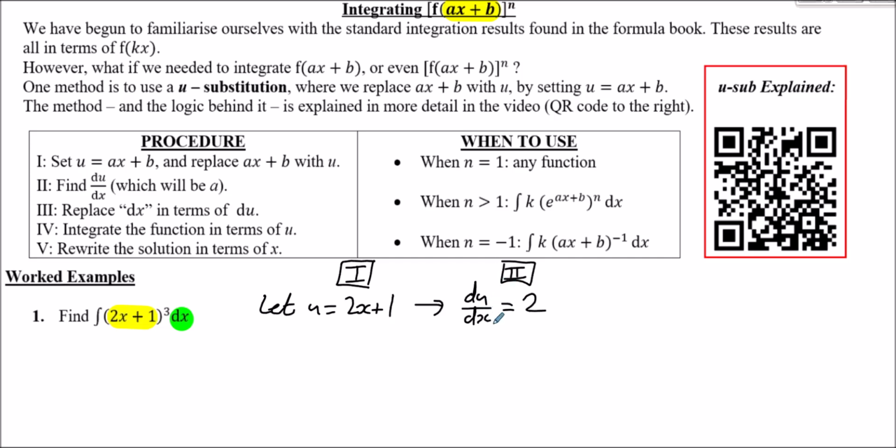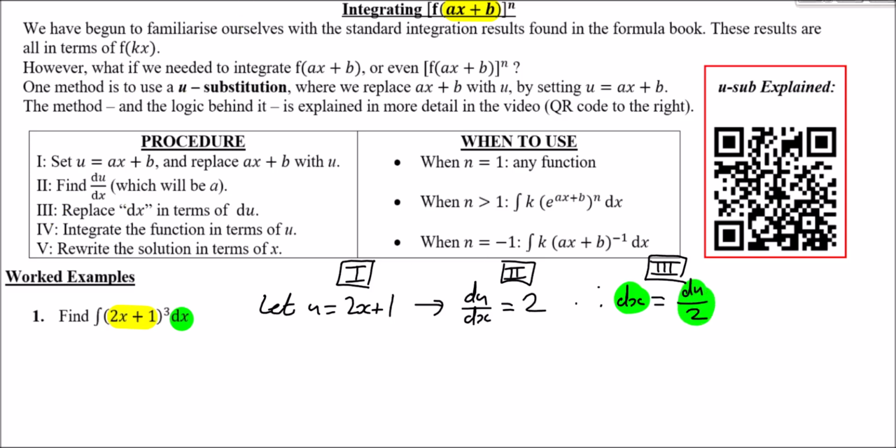So if I multiply both sides by dx and then divide by 2, you can hopefully see that dx is going to be du divided by 2. So now I've got dx in terms of du. That's step 3. So dx is one and the same as du over 2.